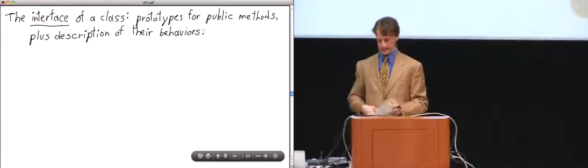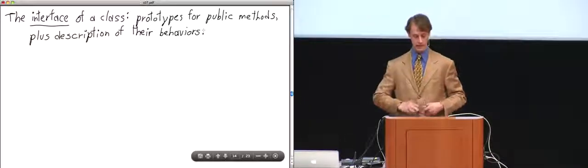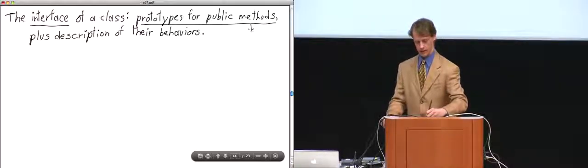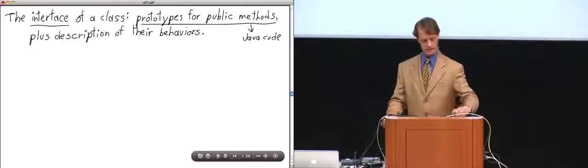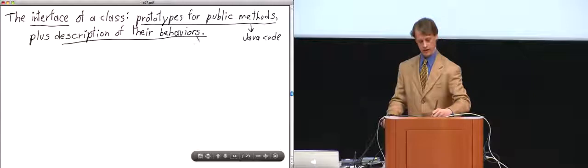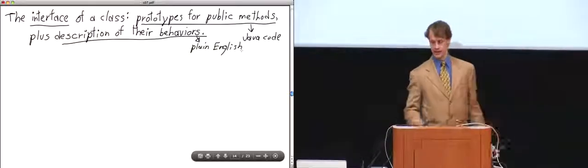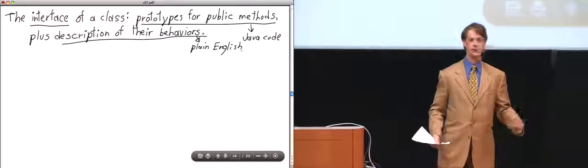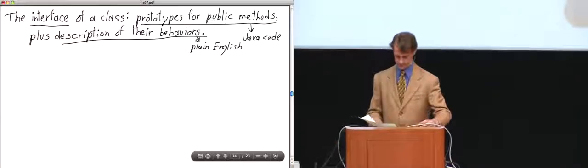And what's interesting is that the interface consists of these two things, but they're expressed in different ways because the prototypes are Java code, whereas the descriptions of their behaviors are generally written in plain English because this is the part that's supposed to explain to the human how to call your class. And you want that description to be as clear and readable as possible so that people who want to use your class will understand how to use it.